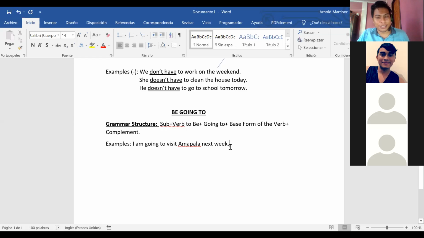Another example? Pero no hay necesidad de decir cuándo, ¿verdad? Yes, but remember that we are telling future plans, so the sentence has more coherence when you say the future time expression.